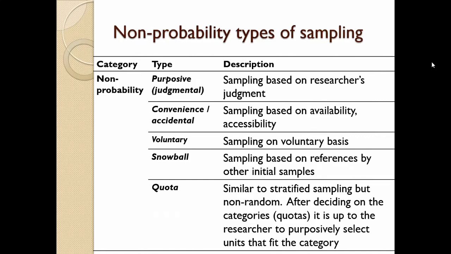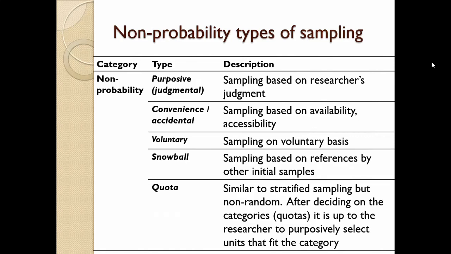You also have quota sampling, which sometimes they say is more closely related to probability sampling, but it is usually categorized as non-probability, simply because, yes, it is similar to stratified sampling, which belongs to probability sampling, but with quota there is no random application of a sampling technique.